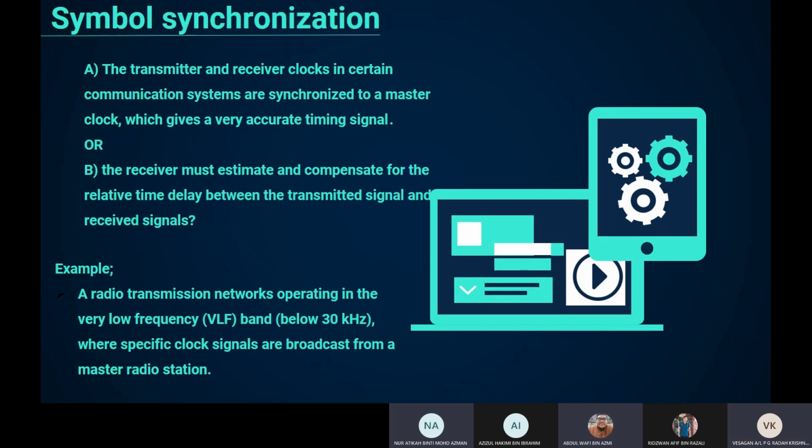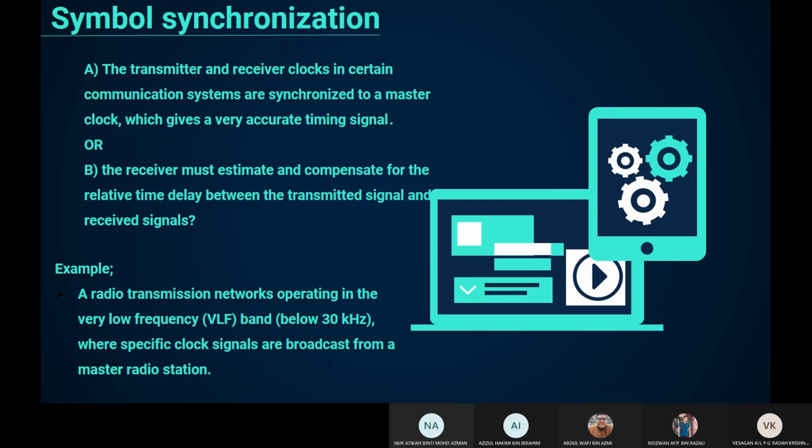So let me explain the true answer. The true answer is B. Because the receiver must approximate and adjust so that there will be no time difference between the broadcast and received signal.